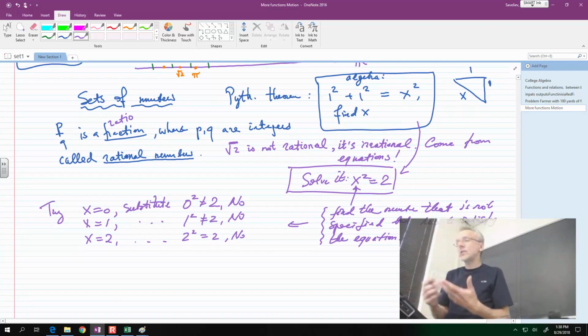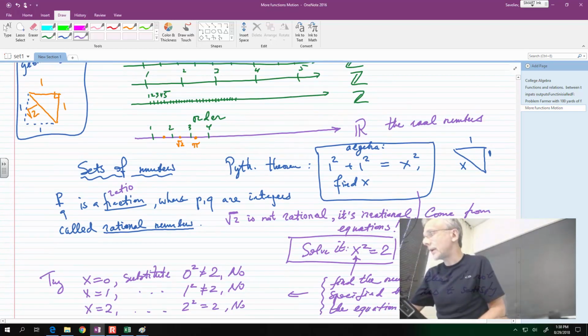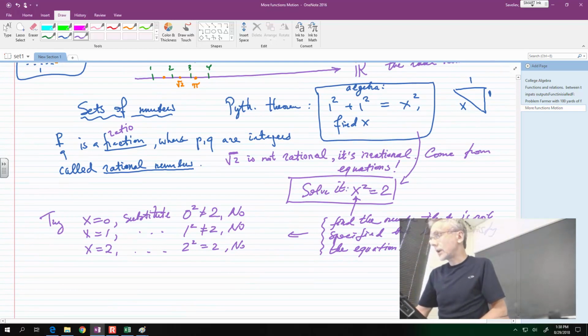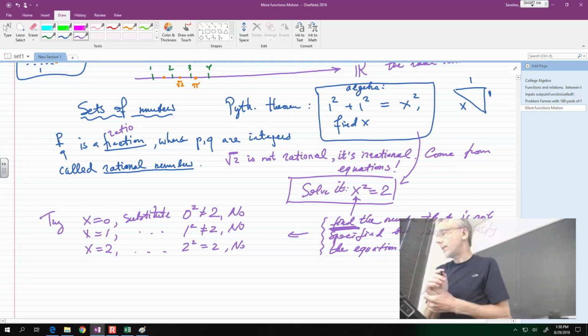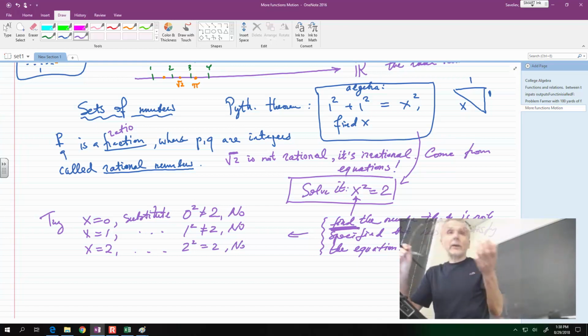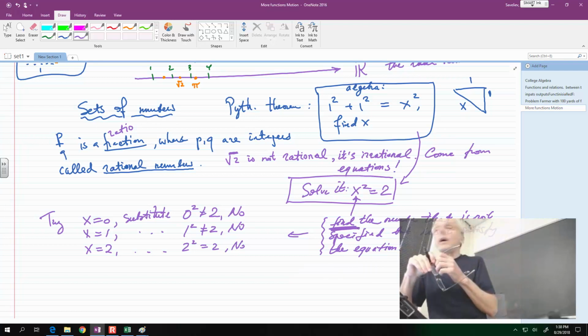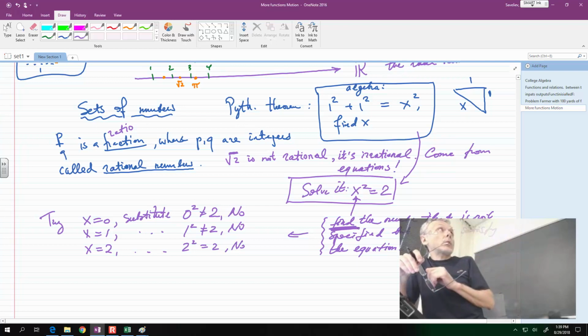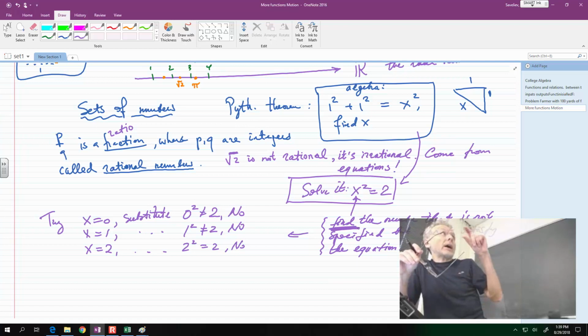There is always some kind of an issue, or some kind of a more or less practical problem behind every equation. So that's why we could put it in this kind of affirmative, or rather an order: find such a number. Why do we need to find it? Because, for example, we have an object that is 1 by 1 inch by inch, and we want to know its diagonal.